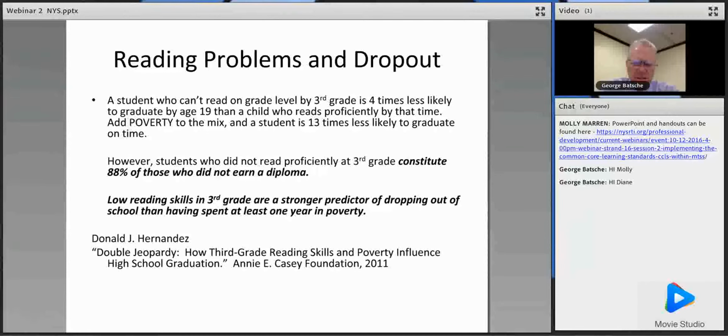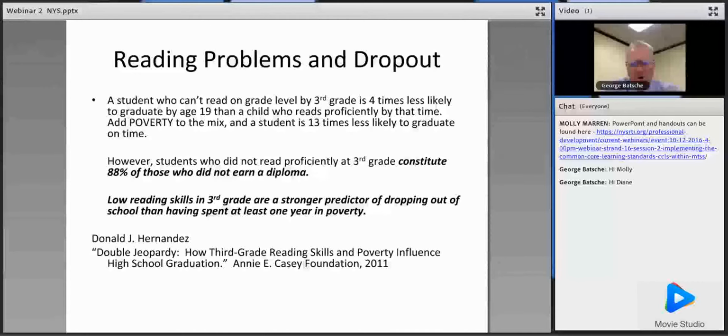One of the things that Don Hernandez demonstrated a few years ago through a longitudinal study funded by the Annie E. Casey Foundation was an answer to this question. For students who are struggling with reading and who live in poverty, what strategy is the best for ensuring that these students graduate on time?